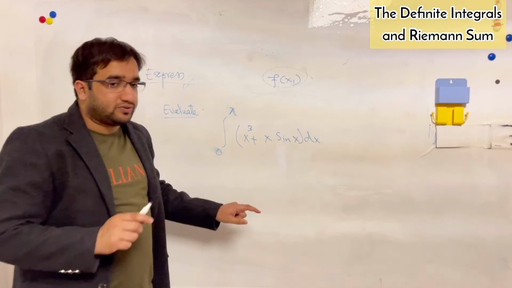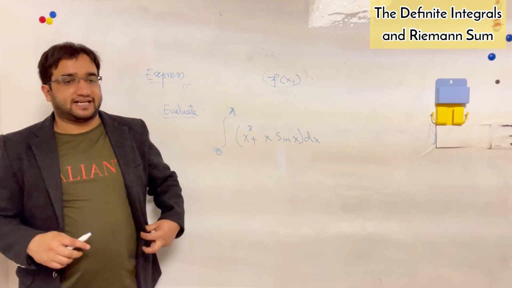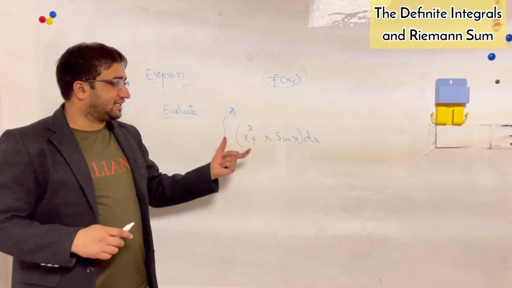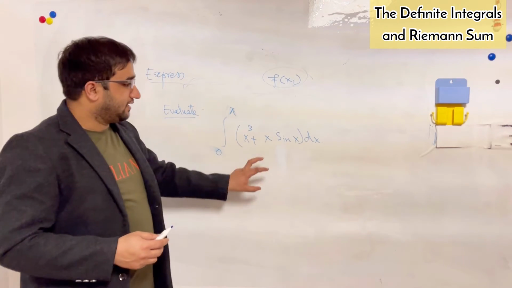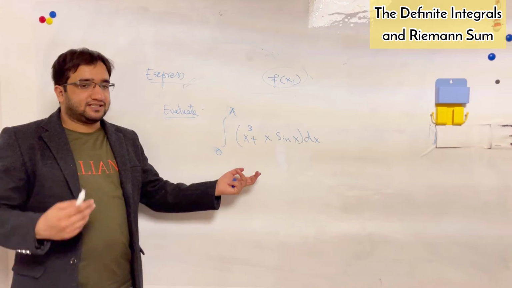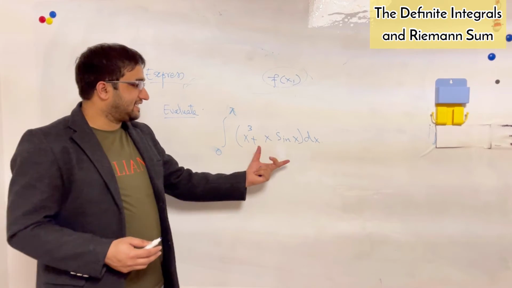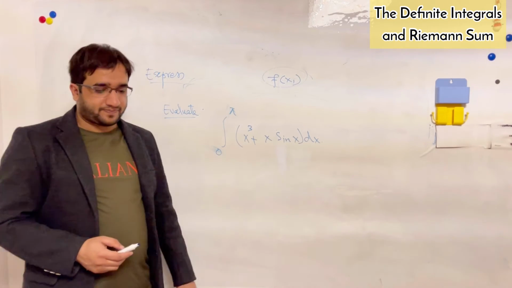And I told you that up till this week or maybe the next week, we don't know how to solve the integral directly. Even if you know, we are assuming we don't know. So if I ask you to evaluate this integral, what will you do?